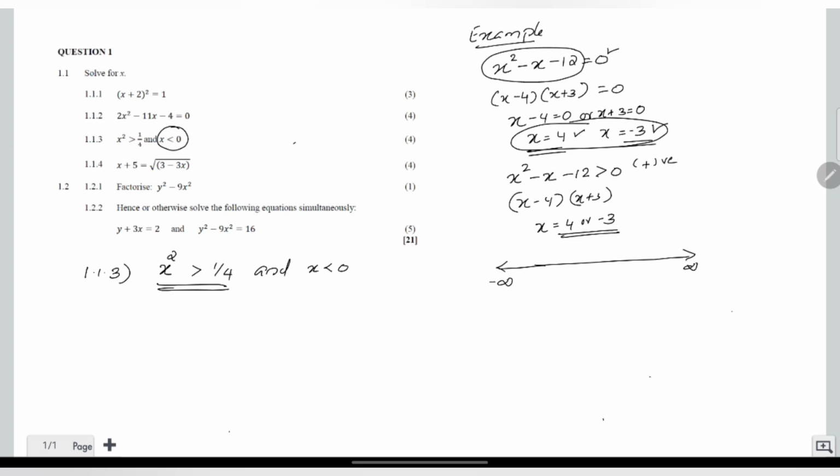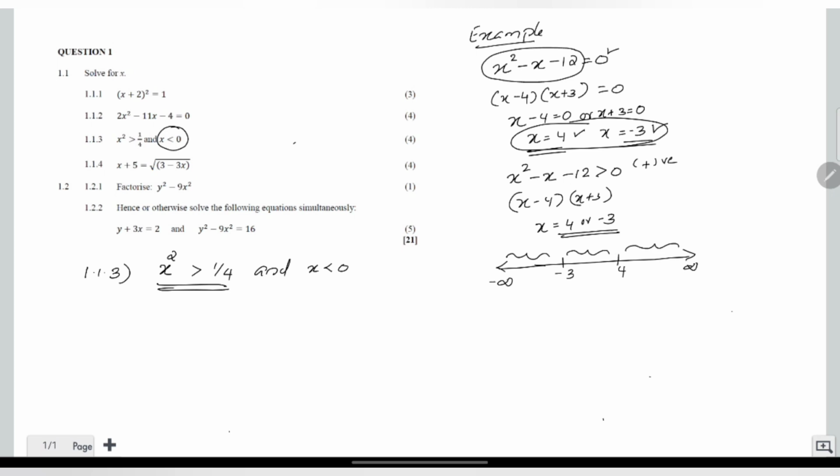Then you put these two numbers in order, smallest to biggest, minus 3 and then 4. Now the entire number line is divided into how many sections? 3 sections. First one is minus infinity up until minus 3, then minus 3 to 4, then 4 to infinity.